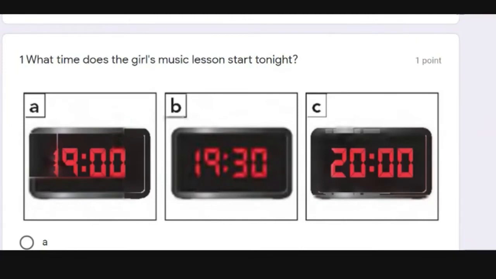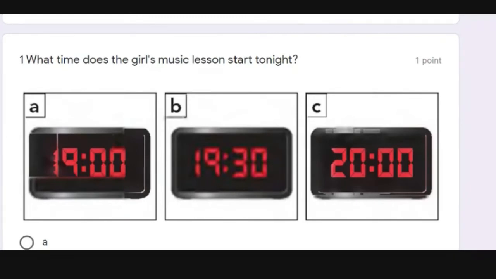So how do you know the time is 8 o'clock, not 7:30? Who told you this? Okay, so Kylie said the man said that the class starts at 8. The girl said it starts at 7:30. Then the man said it starts at 8. So each of them are talking about different times. But then how do you know who is correct?